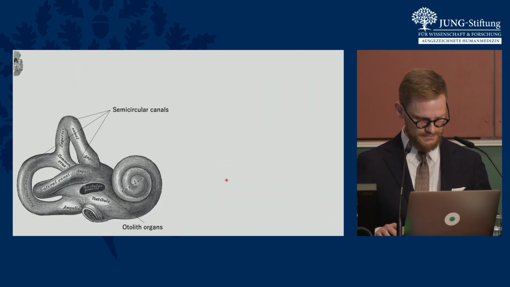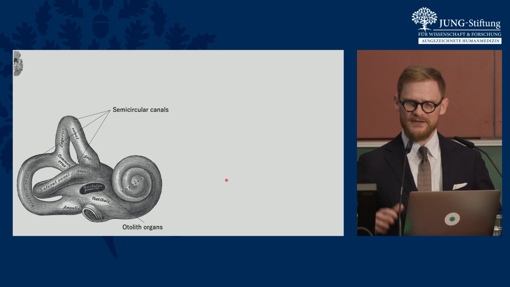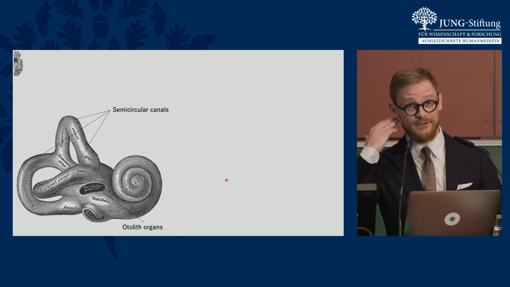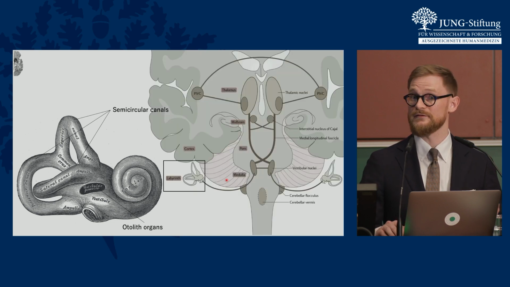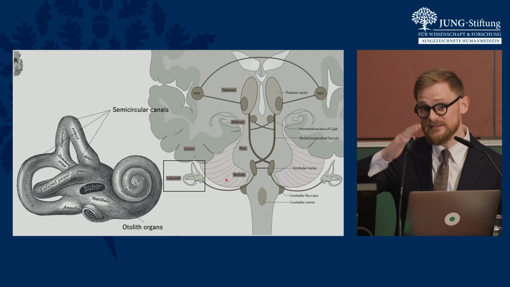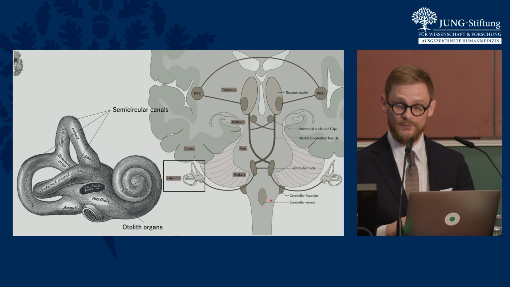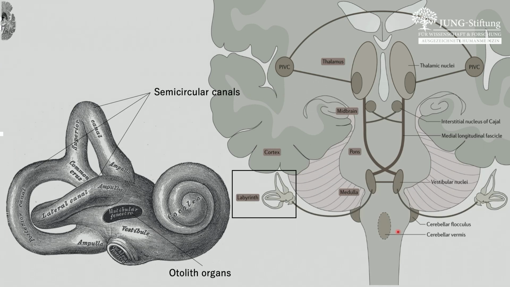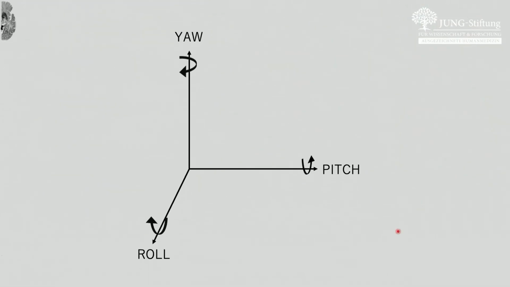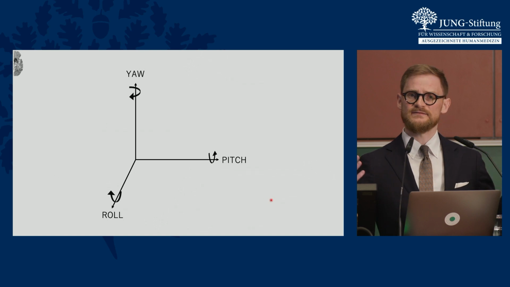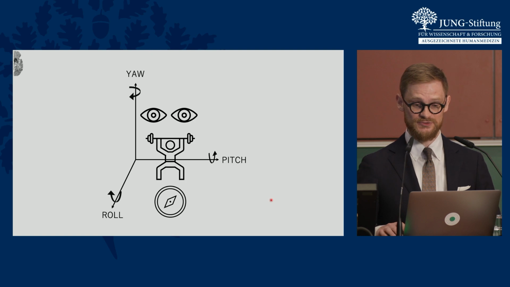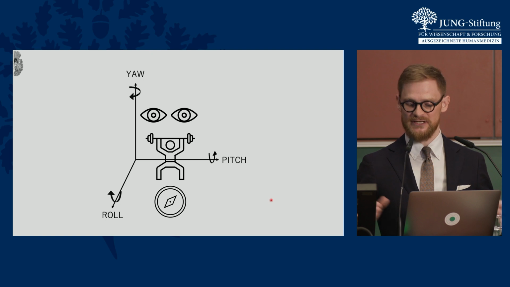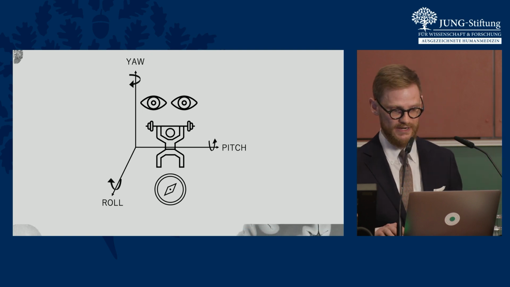The vestibular system consists of the inner ear's labyrinth, which encompasses the 3 semicircular canals and the 2 otolith organs, which send their signals through the vestibular nerve into the brain, where they cover major areas of the central nervous system. And you can think of the vestibular system as some sort of your internal 3-dimensional coordinate framework that allows you to coordinate eyes, body movements, and your orientation in 3-dimensional space as a function of gravity.